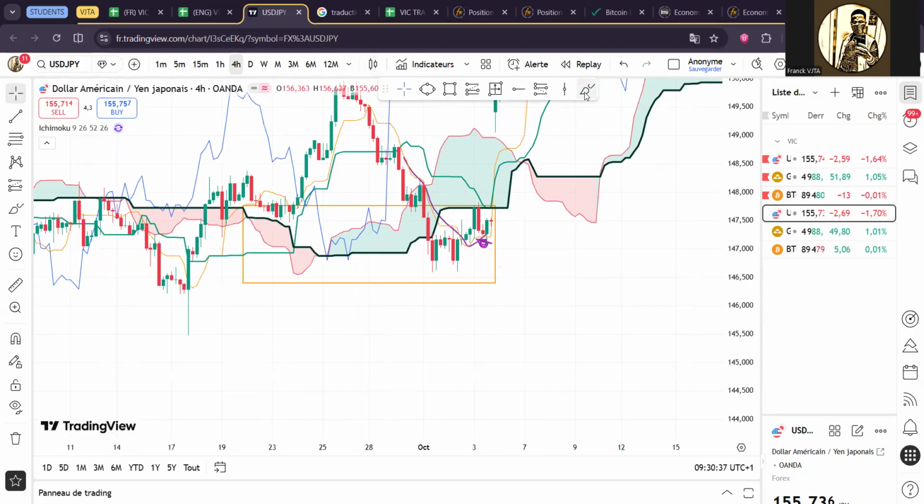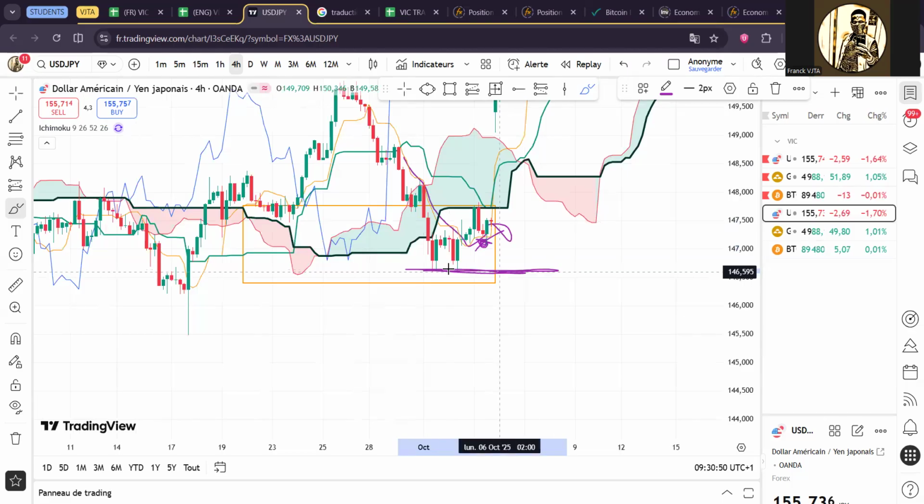What you will realize is that as soon as the tenkan on 4 hour bends to the upside here, no future candle after the bending can go below this H4 V, below the bottom wick of this V shape candle.